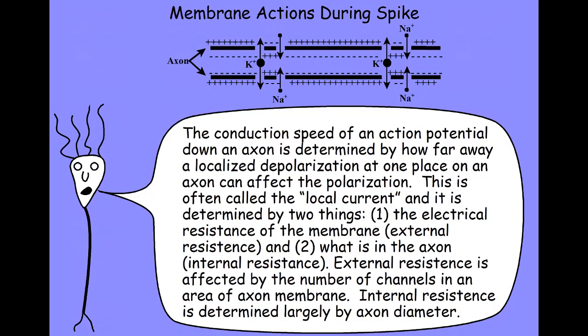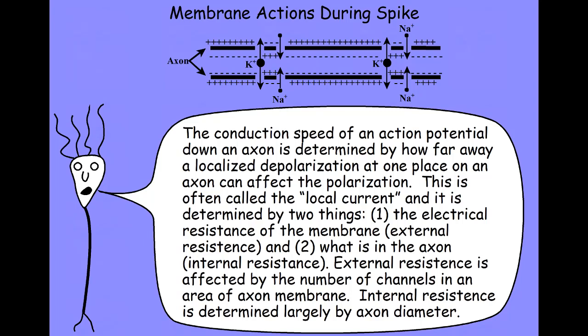However, the conduction speed of an action potential down an axon is determined by a number of different factors. For one, how far away a localized depolarization at one place on an axon is from the next spot where we want a depolarization to occur. And this is often called local current.